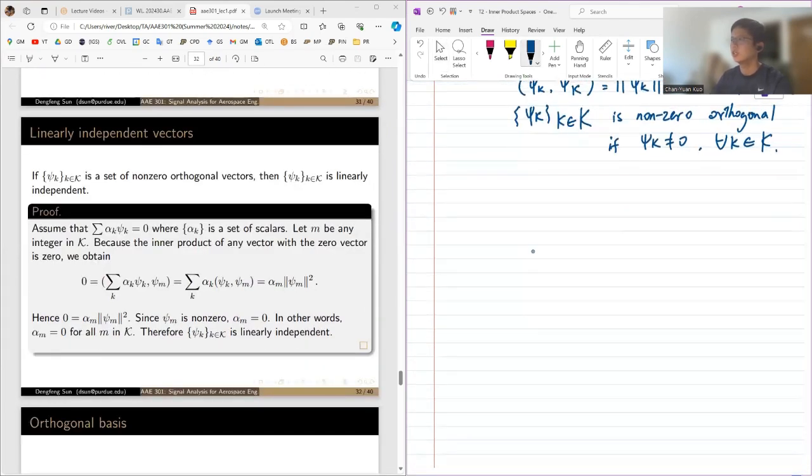Now here's another thing from linear algebra. If we have this set of non-zero orthogonal vectors, then this implies that this set of vectors is linearly independent.